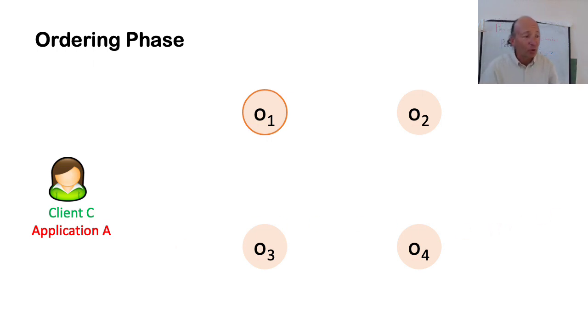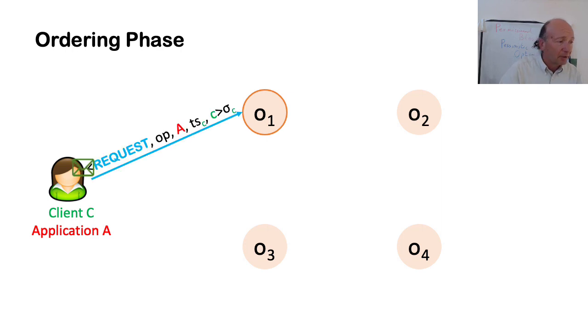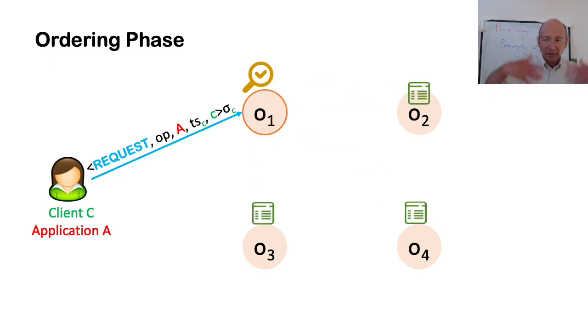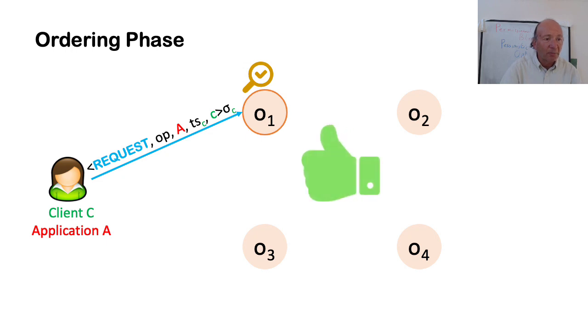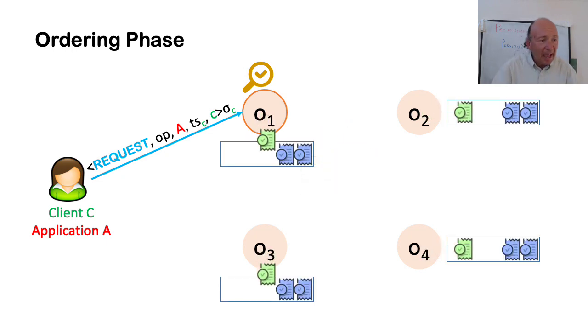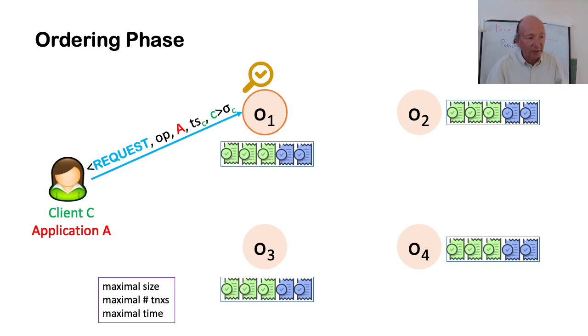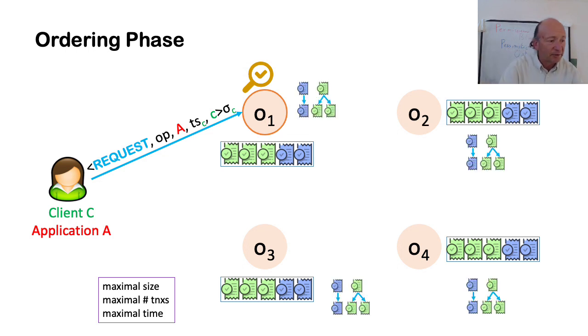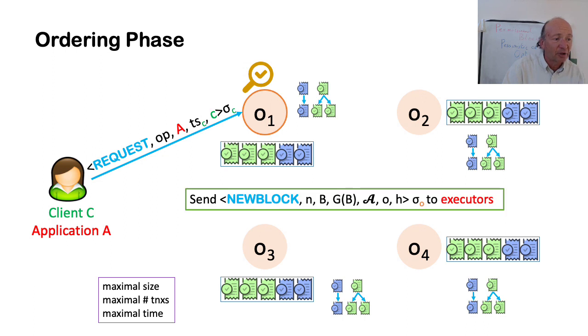So we have the ordering phase. A client issues a request. This request arrives at one of the orderers. It executes a consensus protocol among the different orderers to come up with an order, and it waits for a number of transactions to arrive to create a block, creating an order among these transactions, as well as a dependency graph.